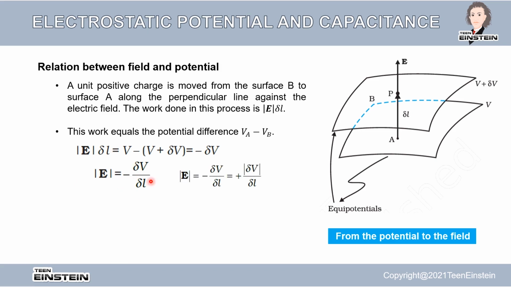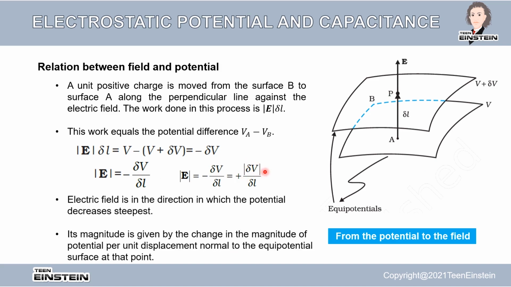So what does this tell you? The magnitude of the electric field is equal to the difference in V when you move from one equipotential surface to the other. So E equals minus delta V by delta L, or we can say plus modulus of delta V by delta L. So the electric field is in the direction in which the potential decreases the steepest.